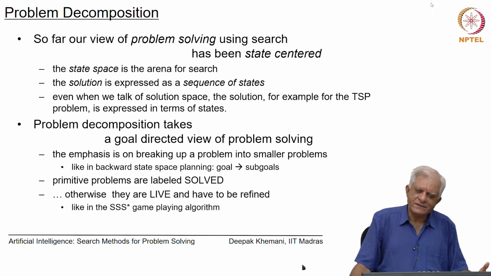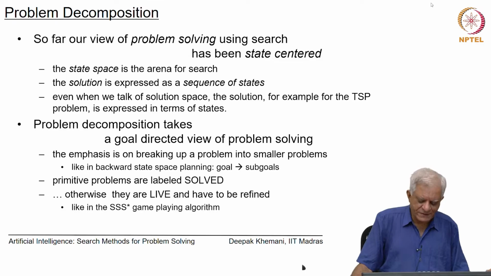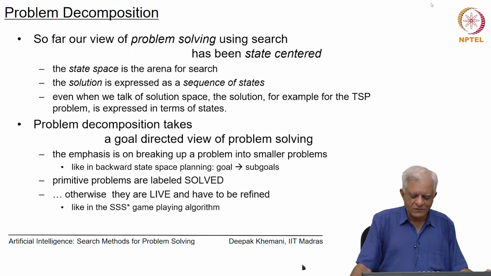So, in this space in which we look at a goal directed approach to problem solving, we have two kinds of problems. One which are called solved. These are primitive problems for which you do not need to do anything further, and the other kind of nodes in our search space would be live nodes, and they would need refinement.